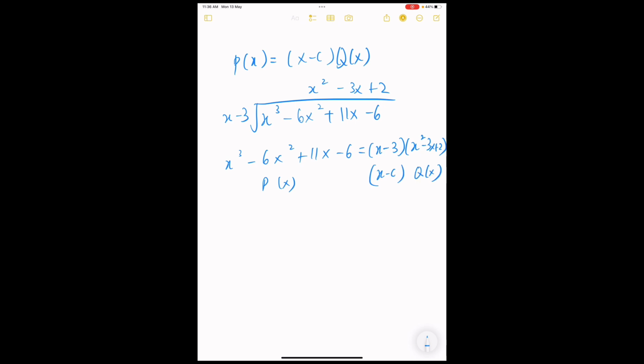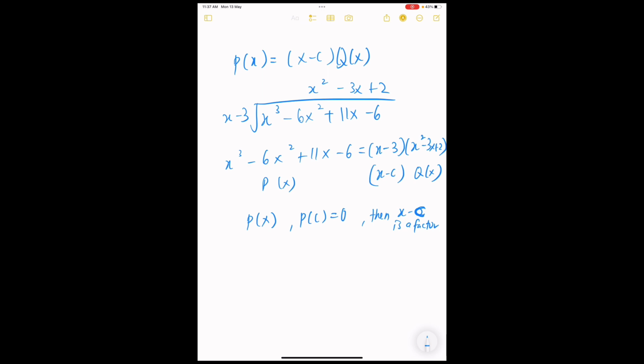From this theorem, the factor theorem says that for a polynomial P(x), if P(c) is equal to 0, then x minus c is a factor.